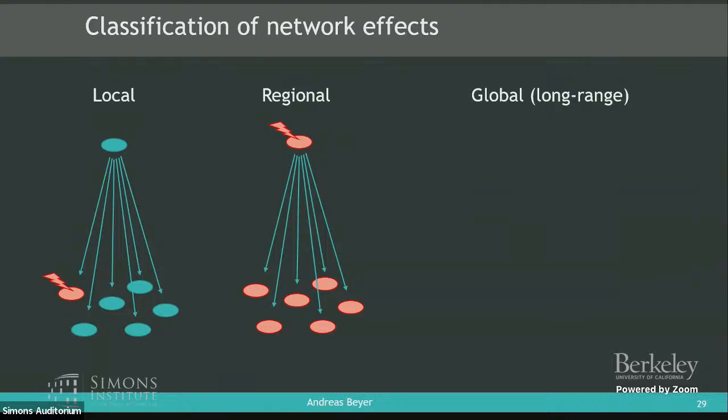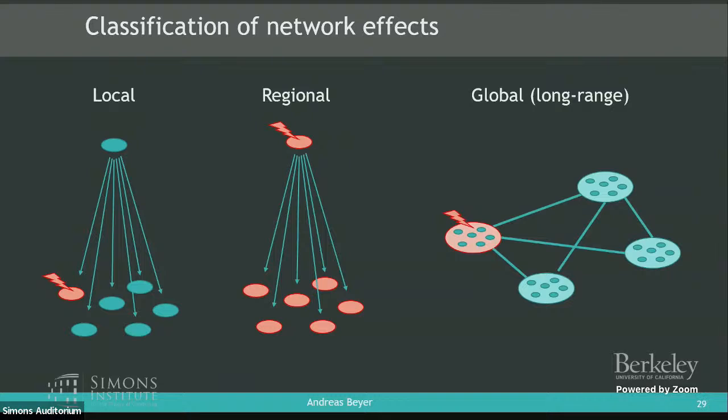So this would be a regional effect. But if this change alters the activity of an important cellular module, that would have long-range effects. These are the global effects. So you change one module, let's say glycolysis, and then oxidative phosphorylation will respond. So then you have these more long-range effects.